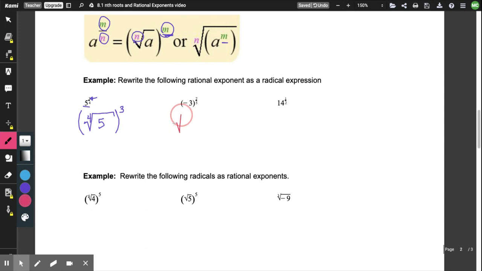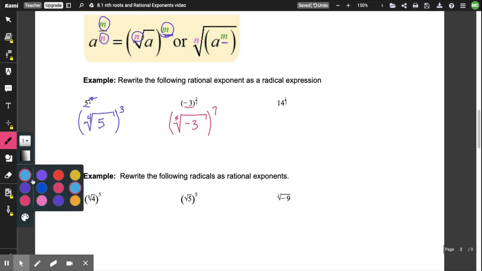Okay, so starting with my radical here, the base of the exponential expression is my radicand, so -3 on the inside of the radical. The top number of my exponent is a power. So I'm going to go ahead and put this whole thing in parentheses and put that 7 on the top. And the bottom number is the index. So I'm going to put 5 there.